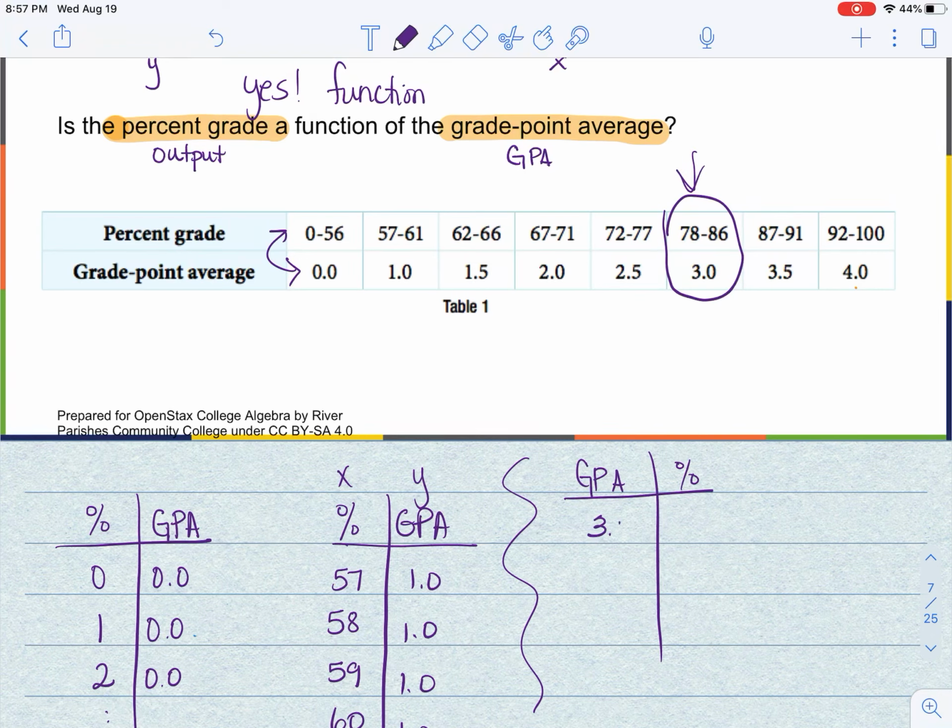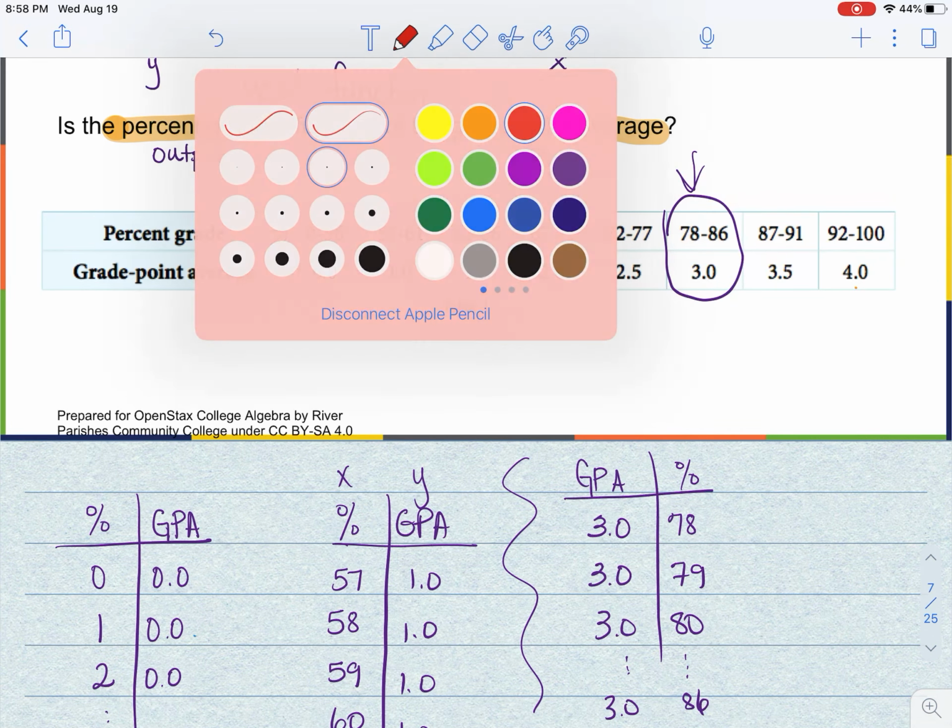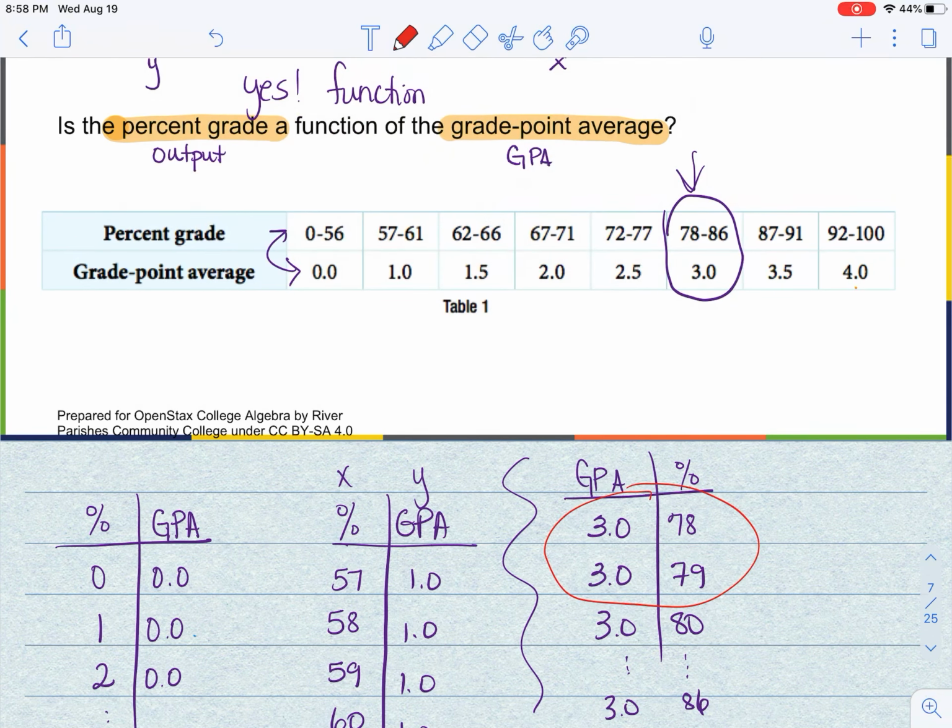In this part, we have 3.0 is a 78, 3.0 is a 79, 3.0 is an 80, all the way down to 3.0 is an 86. Just looking at this, you can see that 3.0 is associated with multiple, not just two, definitely not one, but multiple percentages.